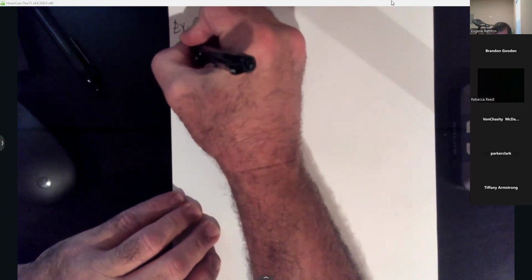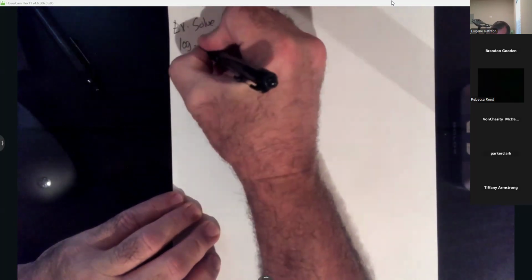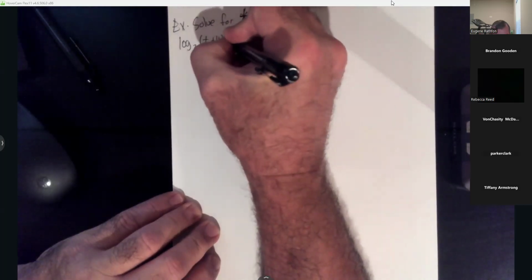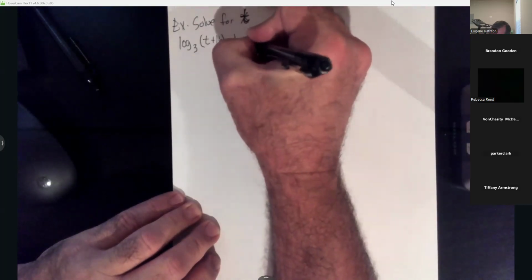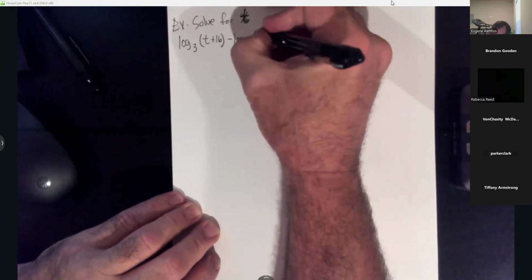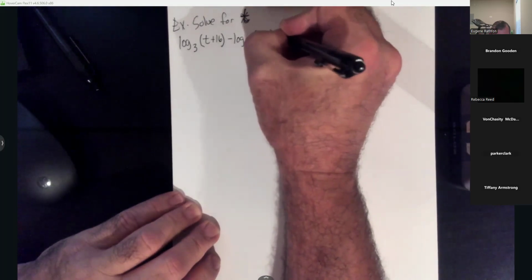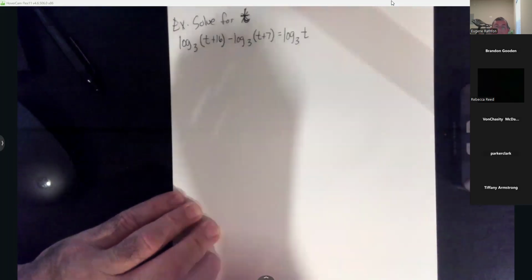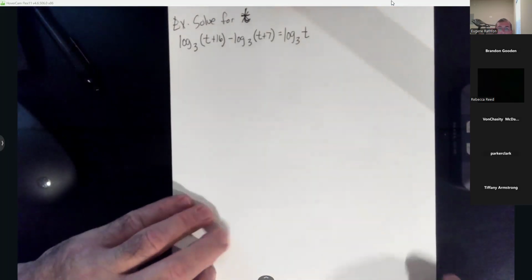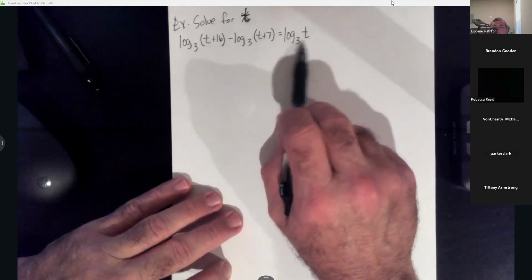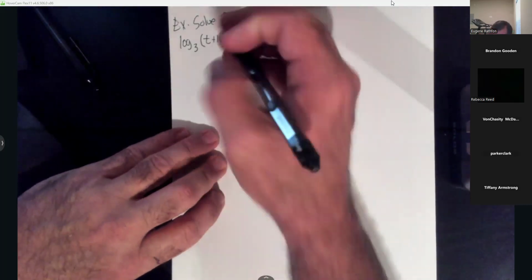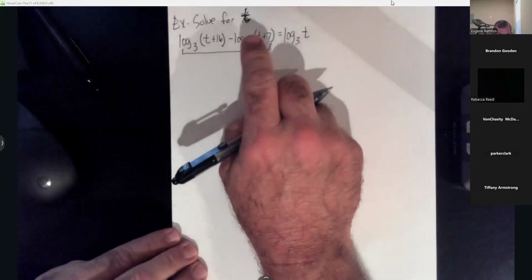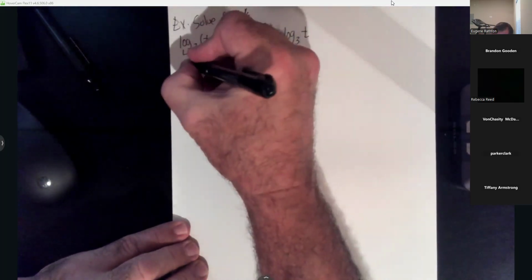They're giving me log base 3 of t plus 16 minus log base 3 of t plus 7 equals log base 3 of t. The right side only has one logarithm, so we're good over there. But on the left side, we have to combine and rewrite this as a single log.